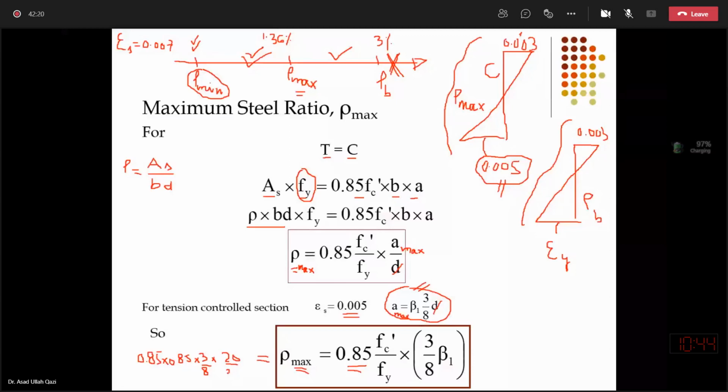So can you give me rho max of the cross section? 0.85 squared, 3/8, 20 over 300.